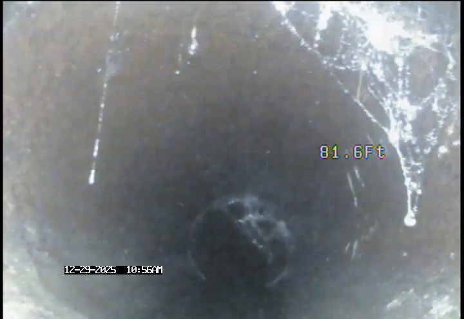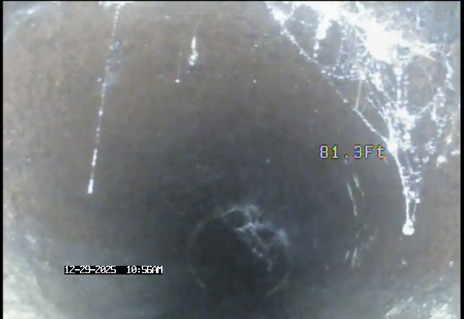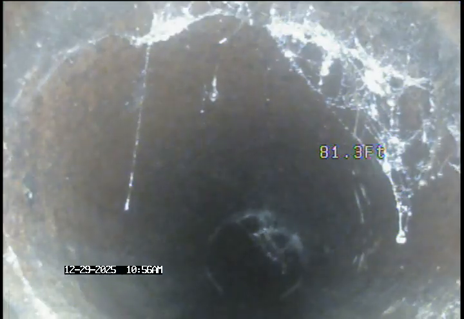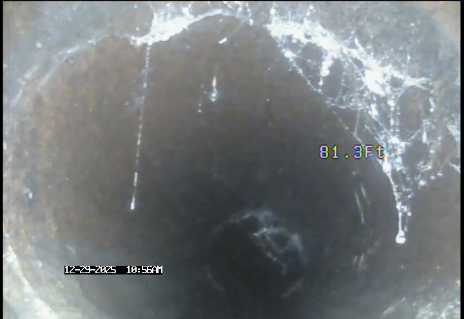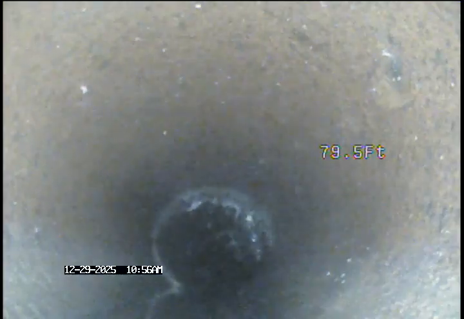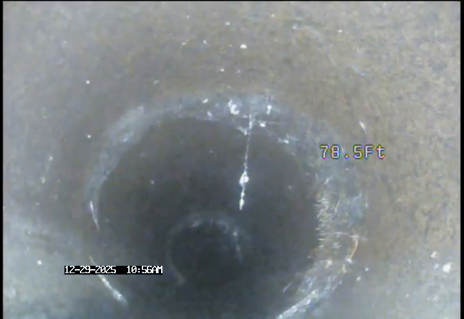And examine this section. It looks like the tree roots are behind cobwebs at 81. So 81 is also a small root with path of flow on the bottom. Already noted 79, the footage at 79.